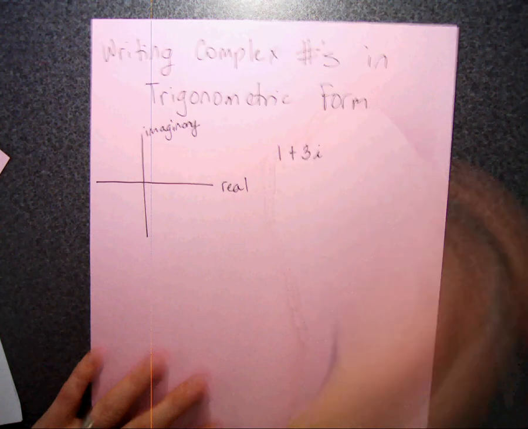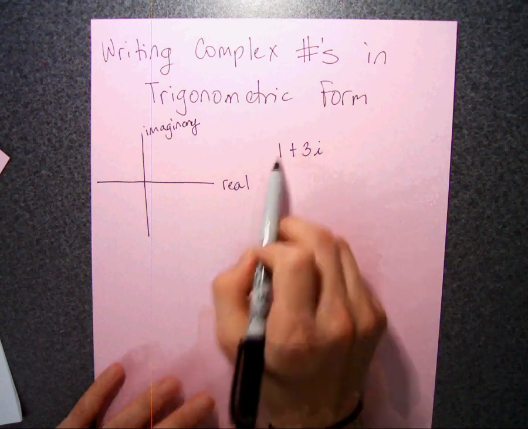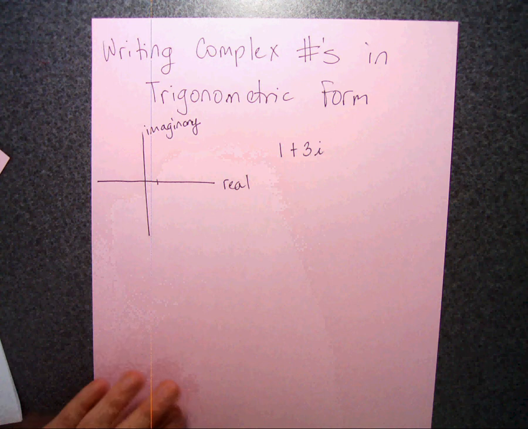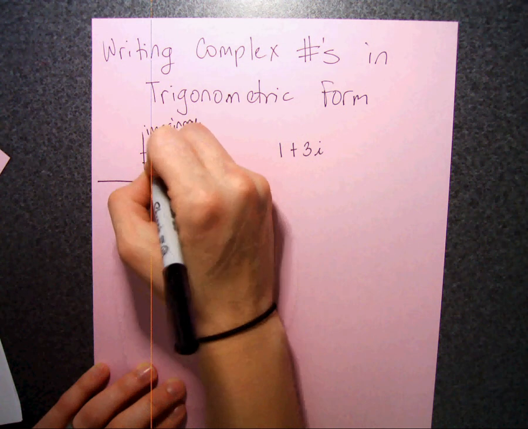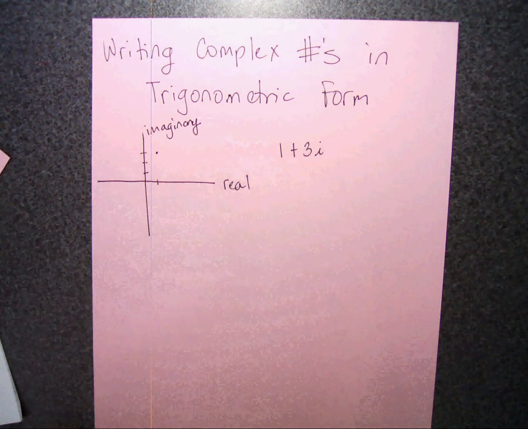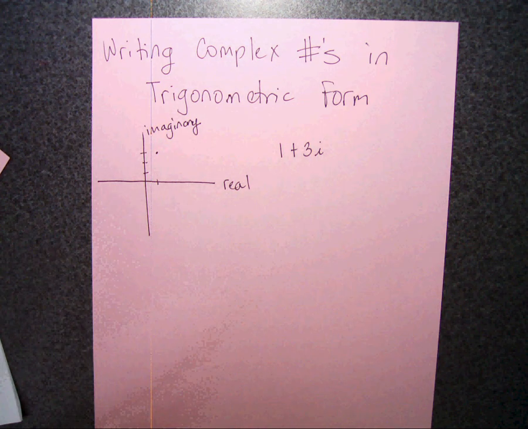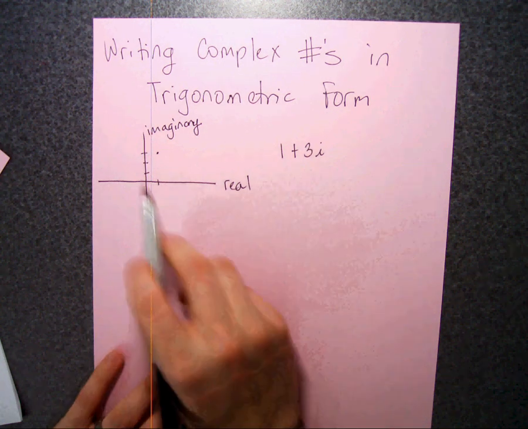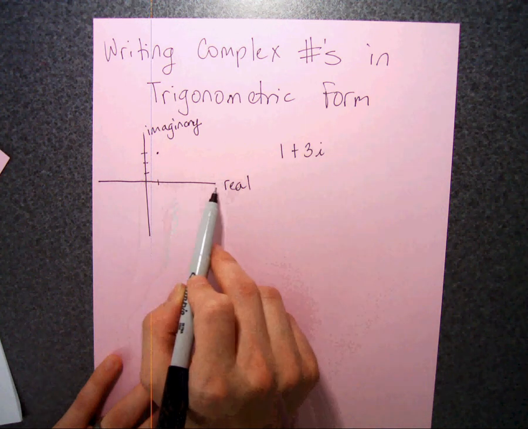I have 1 for my real number, so I'll go over to 1. And 3 for my imaginary number, so I'll go up 1, 2, 3. And I get this point right here. Well, if you think back to the very beginning of the semester when we talked about angles, how angles were formed, the initial side of an angle is going to be on the positive x-axis, or in this case, the positive real axis, and the terminal side would pass through a single point.